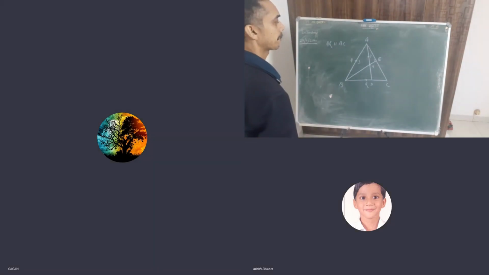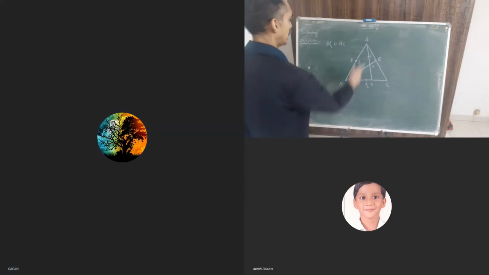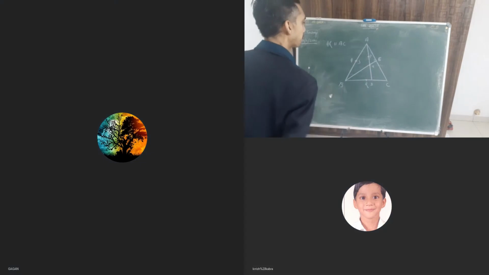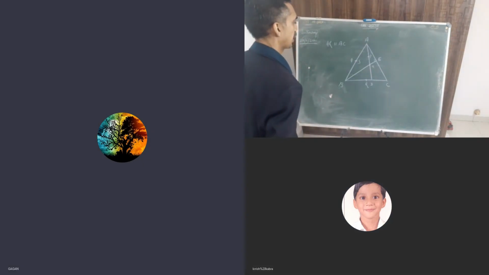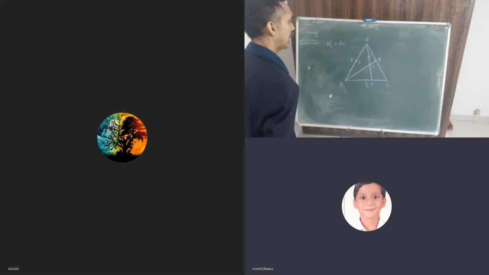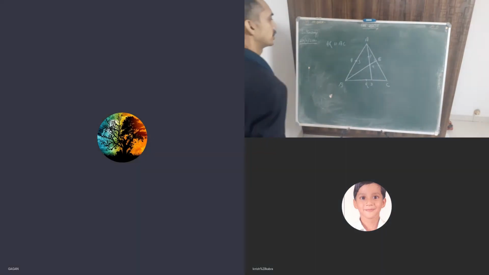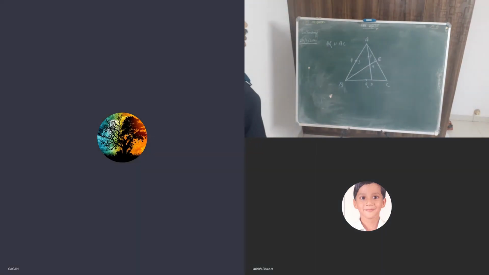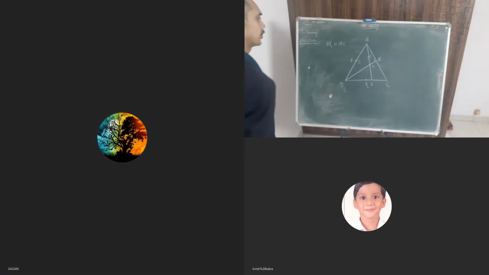So from this, in triangle ABH, Q is the midpoint of AB and P is the midpoint of AH. Agreed? So again from the midpoint theorem, QP is parallel to BH. Okay, good. QP is parallel to BH, right?